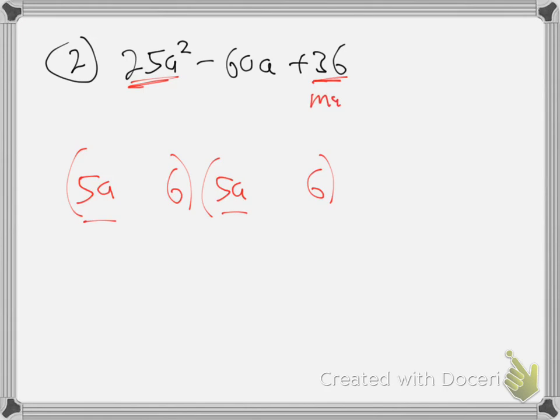Remember, they multiply to be the end, and they add to be the middle. I'm just skipping the diamond, basically. What signs do we need? How do two things multiply to be positive and add to be negative? They're both negative. Two negatives multiply to be positive, don't they? They multiply to be positive, and they add to be negative.